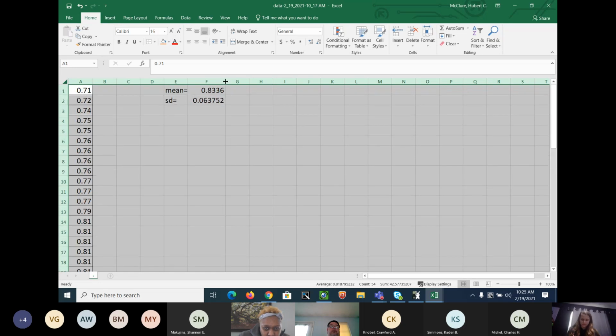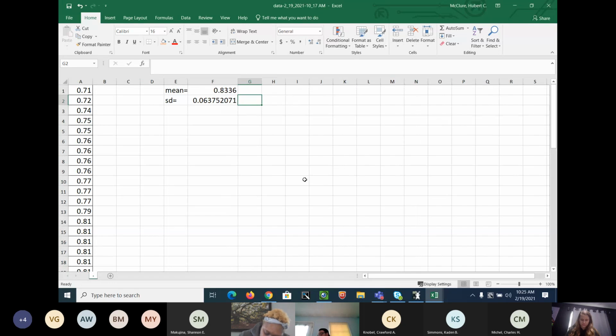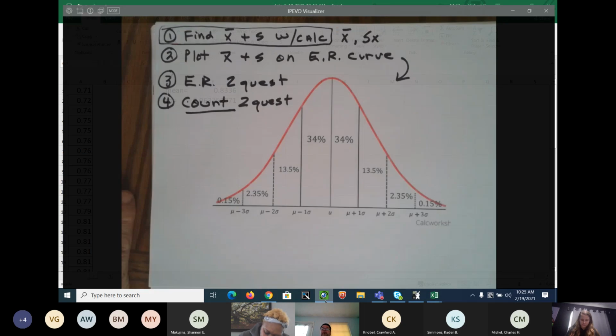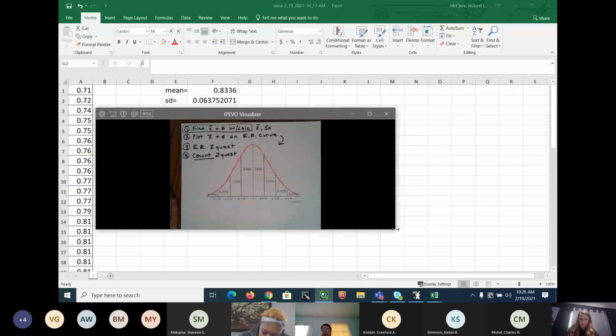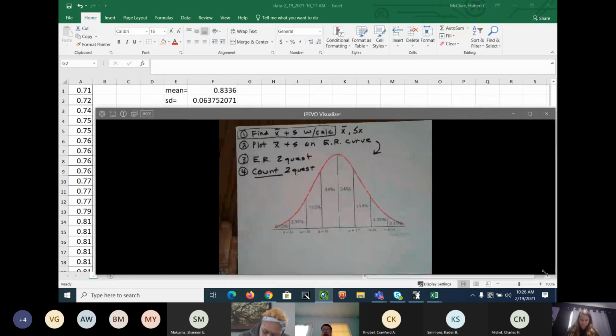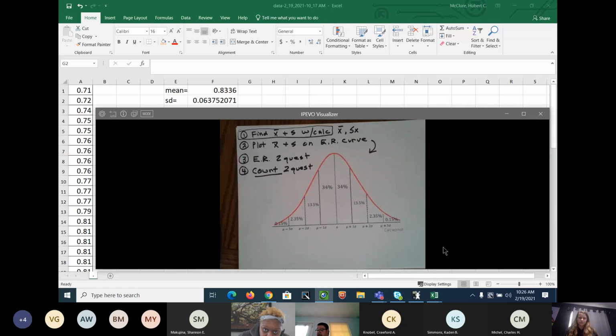Okay, now I've done number one. That's right here. You can tell it doesn't take long to find the mean and the standard deviation when you're using technology.